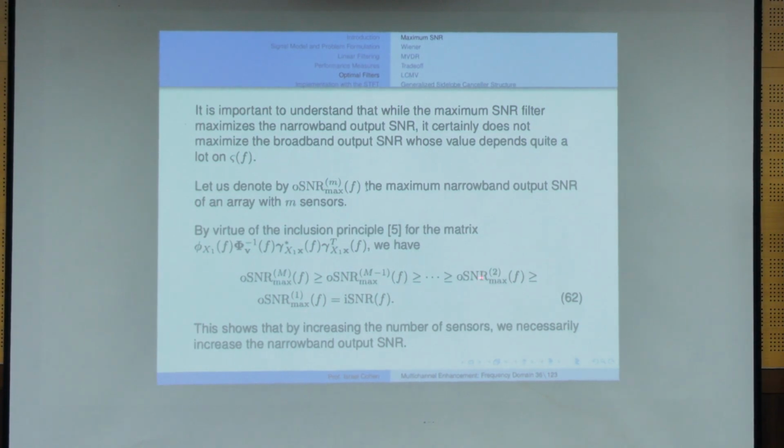So the more sensors that you use, the output SNR will increase using this derivation. It's a nice result to show mathematically.